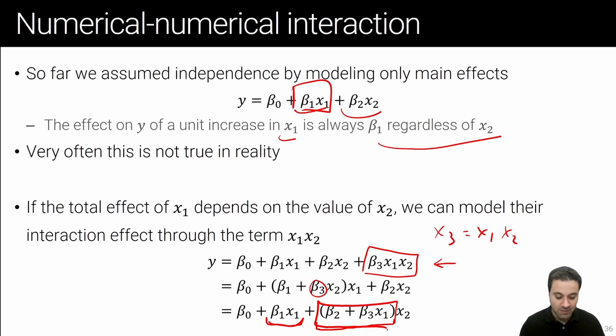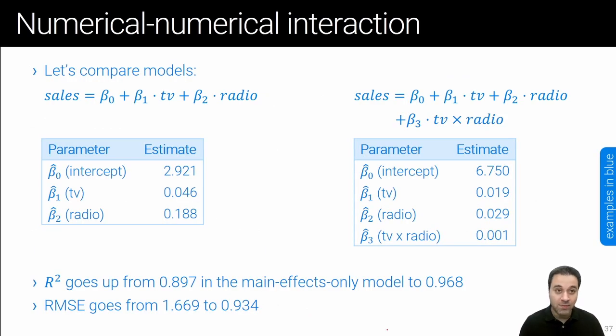Let's take a look at an example. So we go back to the case of the sales of a product by advertising on TV and radio, for example. Let's compare the two models. In the model on the left here, we have only the main effects. So we have the main effect of TV, beta 1, and the main effect of radio, beta 2. We do OLS, we fit the model, and this is what we have.